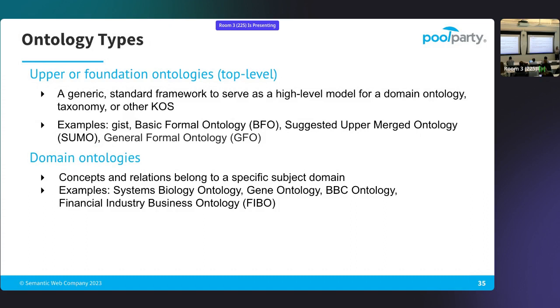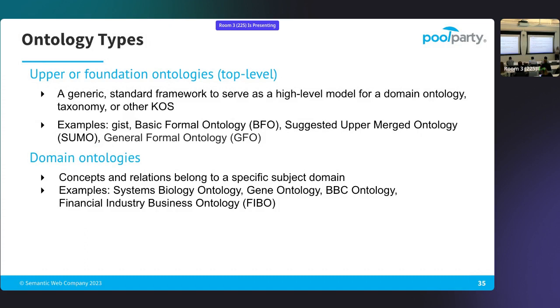Some of them are Basic Formal Ontology, Suggested Upper Merged Ontology, and General Formal Ontology. GIST is actually developed by the ontology consulting company Semantic Arts, and it's good. It's sort of more practical, more industry focused, let's say, not academic.